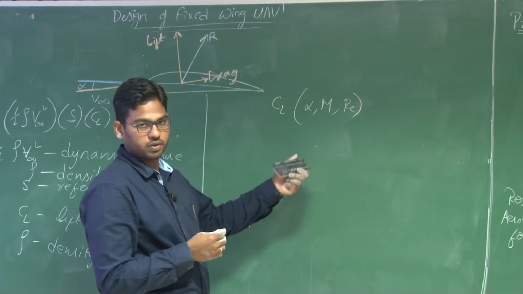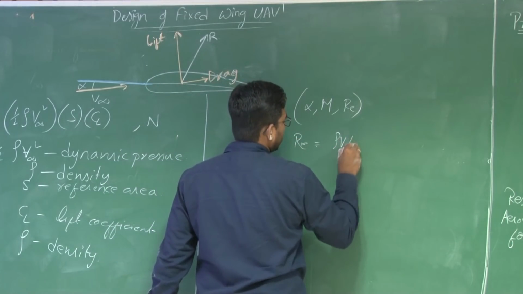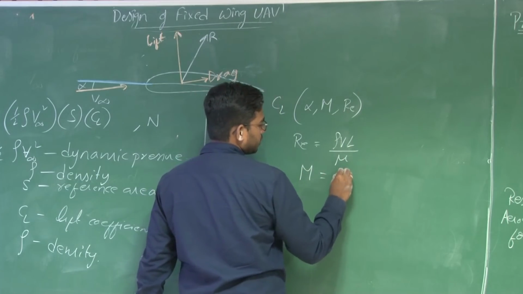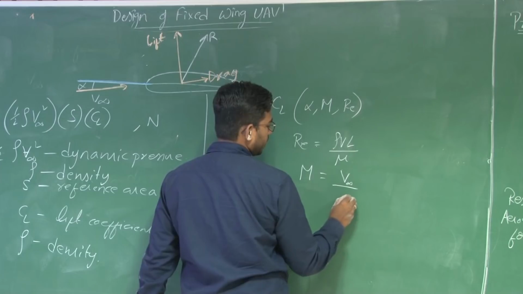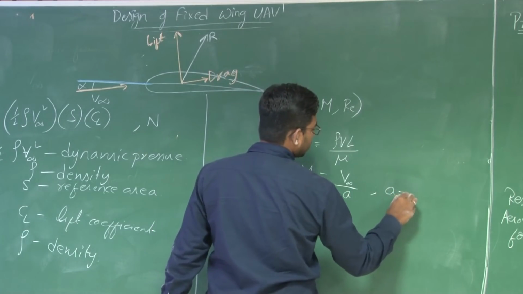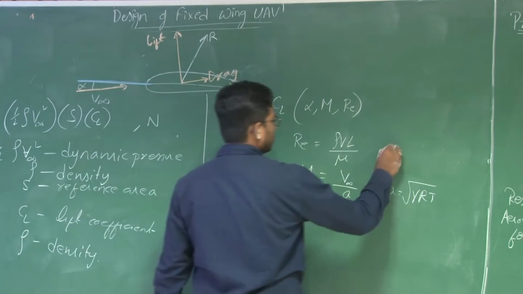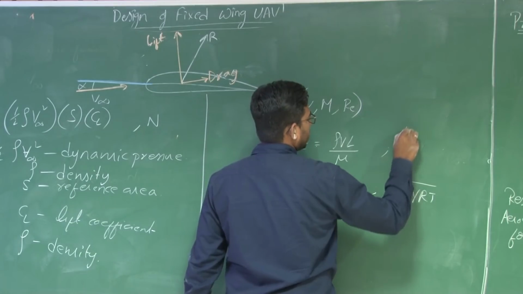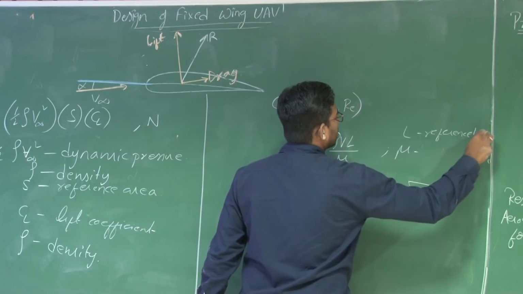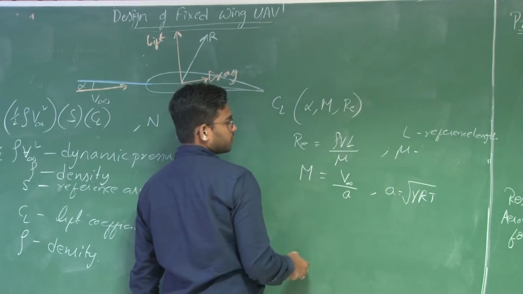In general, a function of this, where Reynolds number is defined as rho V L by mu, and Mach number is defined as velocity of the flight by velocity of sound, where a is equal to square root of gamma R. L is the reference length, and Reynolds number is the ratio of inertial forces to viscous forces.